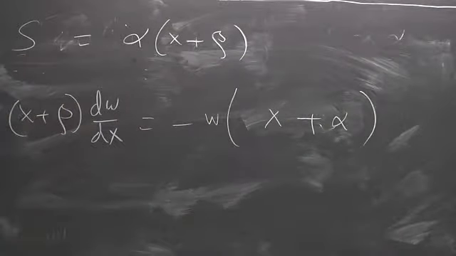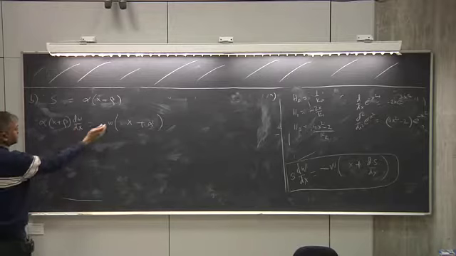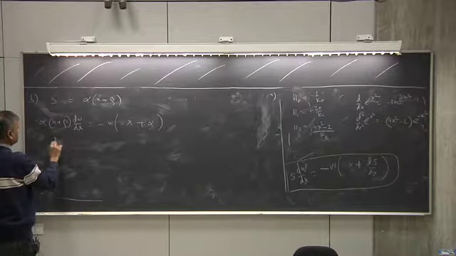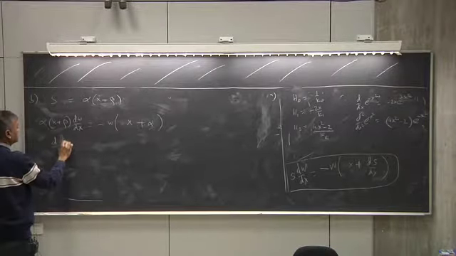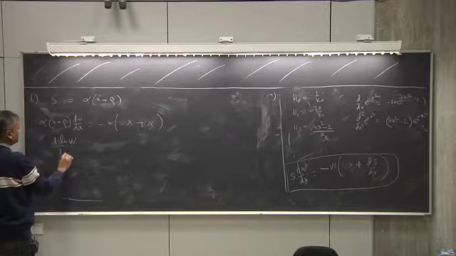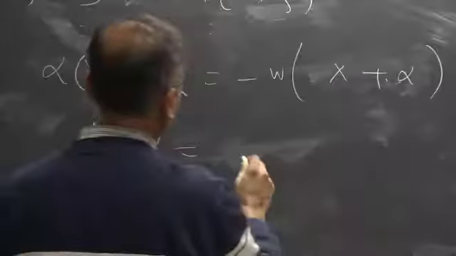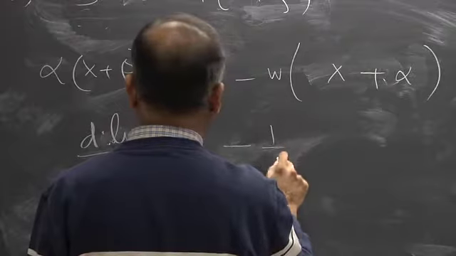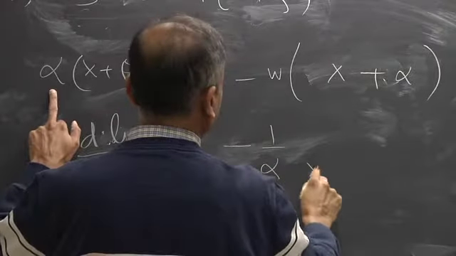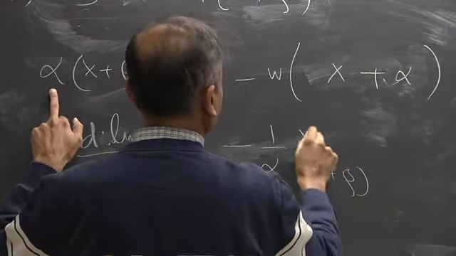So again, I can do the same thing. d log w by dx is equal to minus 1 over alpha times (x plus beta) times (x plus alpha).